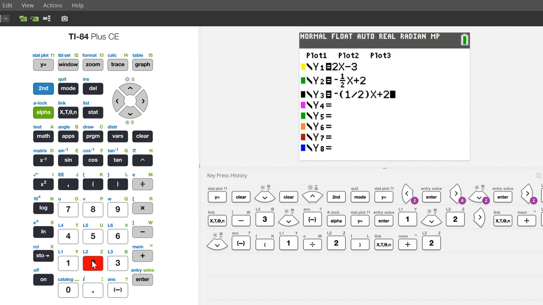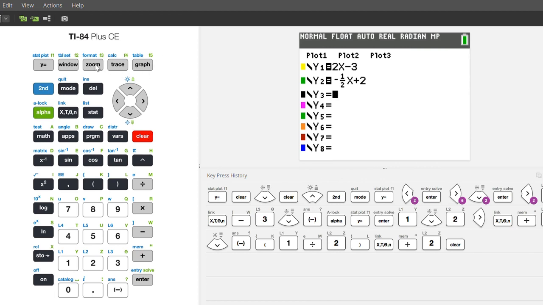So what you have right now in Y2 and Y3 are exactly the same equation. If you can write it vertically, I think that's nicer. It keeps it more compact for you. But if you can't, you can use the parentheses with the actual division symbol, 1 divided by 2, numerator over denominator in parentheses, then x, and that will work fine. I'm going to clear this out so we don't graph the same line twice.